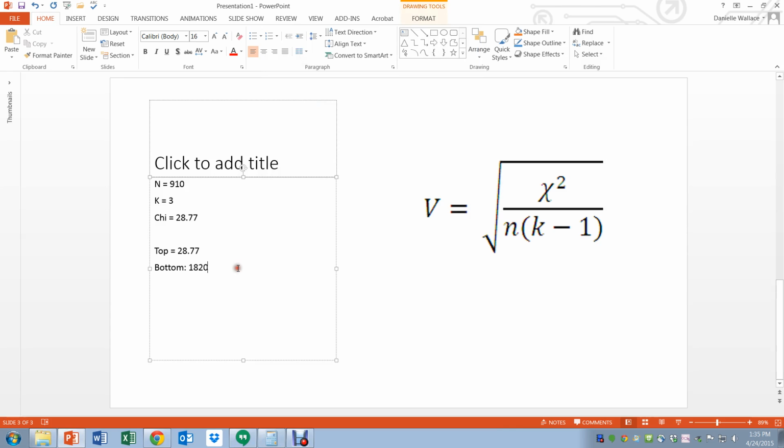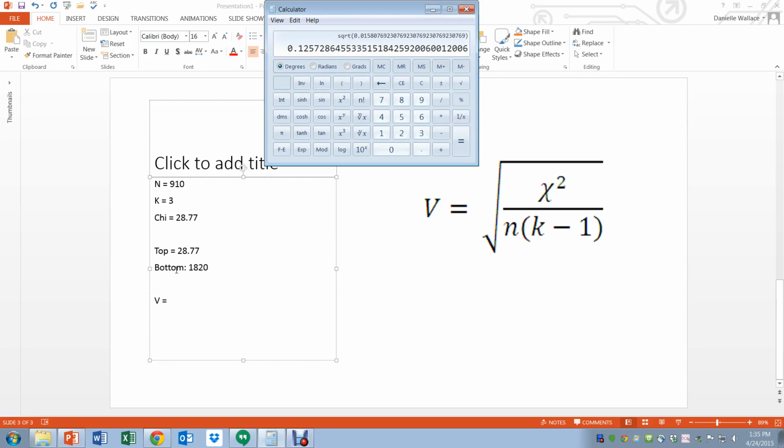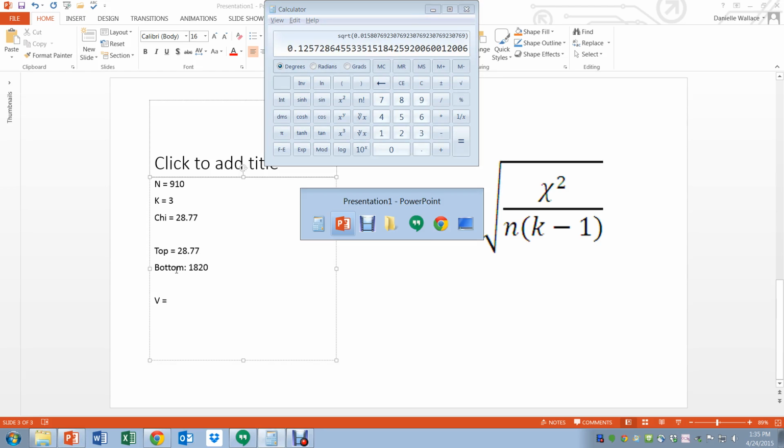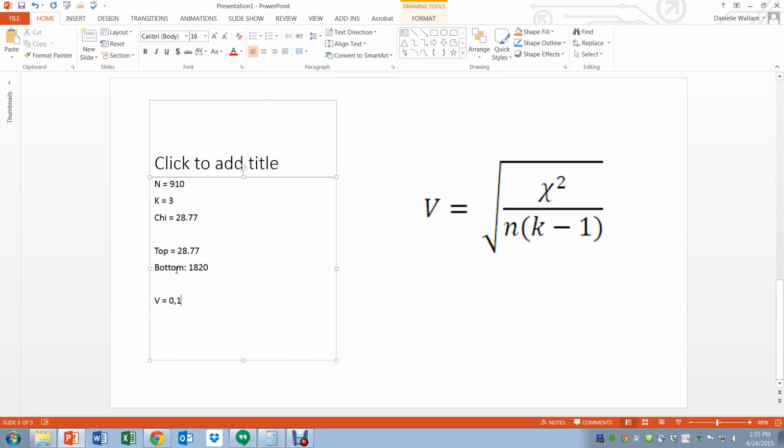Now we have a Cramer's V of 0.13. In order to interpret this, remember that measures of association are measured by their strength through the categories weak, moderate, and strong.